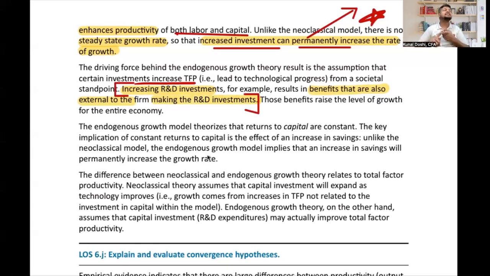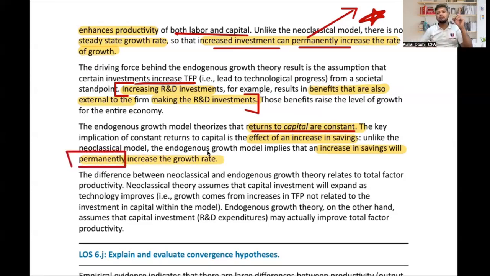That when you are increasing research and development, it doesn't only affect that industry, but as we also discussed, it has a network effect. It actually benefits all the other industries. So overall, the model says that the returns to capital are constant, correct? The key implication of constant return is that, in the endogenous growth model, an increase in savings will permanently increase the growth rate.